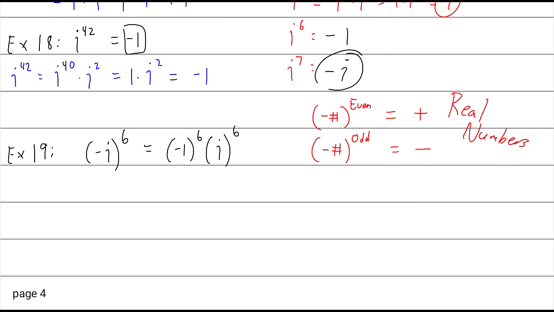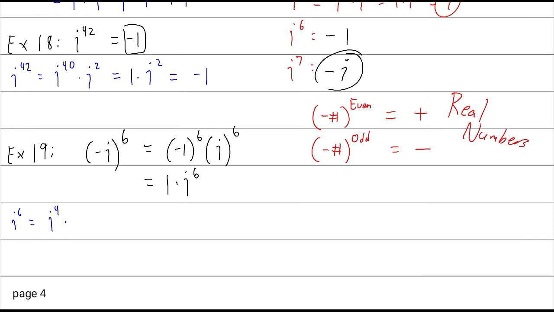Well, that -1 is going to become a +1. And i to the 6th power, I have to deal with that the way we've been doing earlier. I know I did this problem earlier, but let's work it out. i to the 6th: what's a multiple of 4 that's as close to 6 as I can get without going over? That's 4.